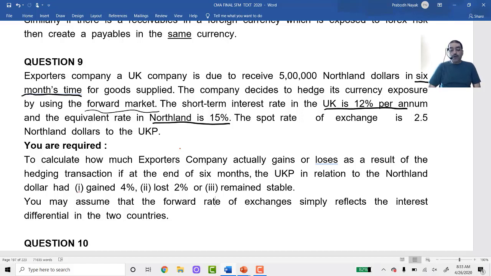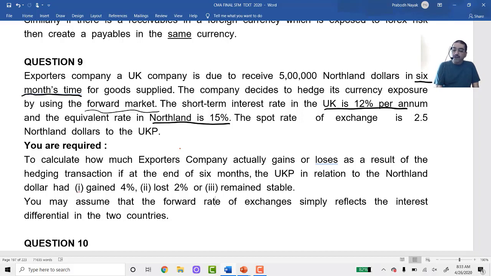Now I have to solve this question. First thing that I will do is, I know that rates of interest are given. That means I have to calculate the 6-month forward rate with the help of interest rates. My way of writing the currency is 1 unit of currency.